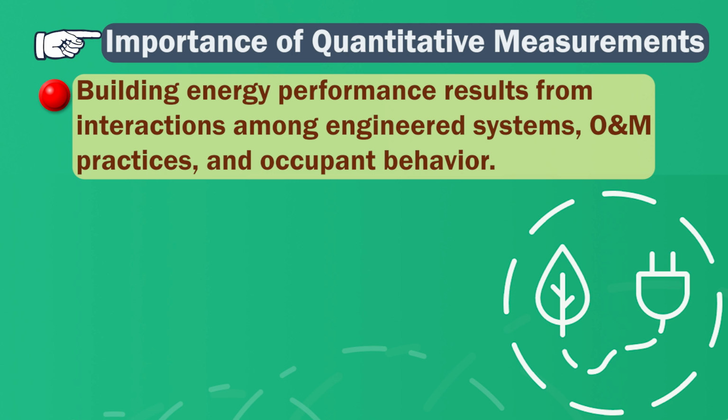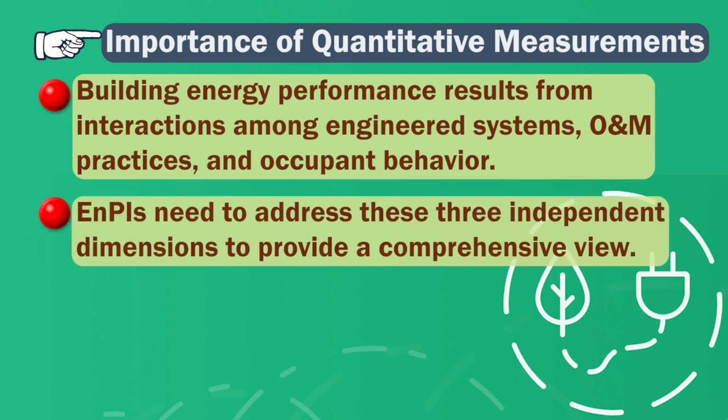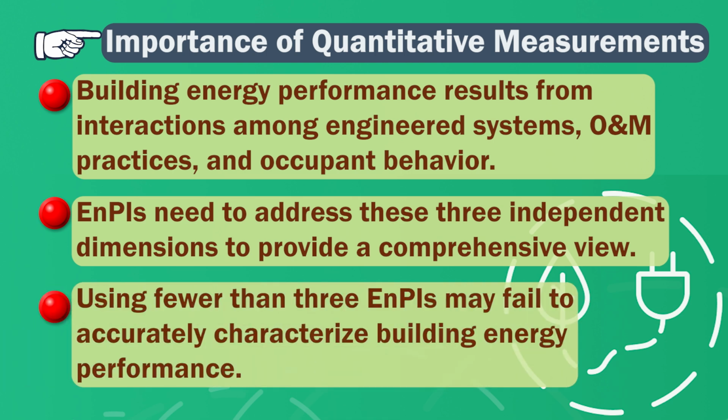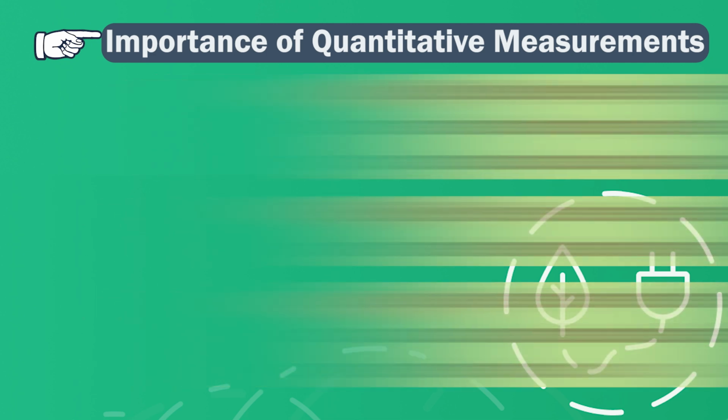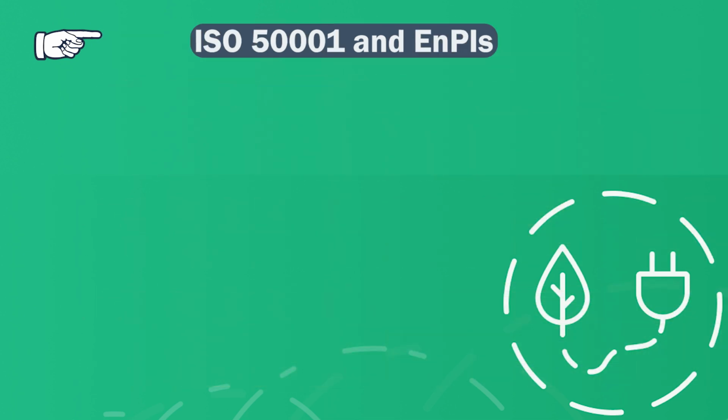To fully capture the complexity of these interactions, we need at least three distinct EnPIs. Simplifying to fewer indices may overlook important aspects of energy performance, hence we need a few more indices. ISO 50001 and EnPIs.